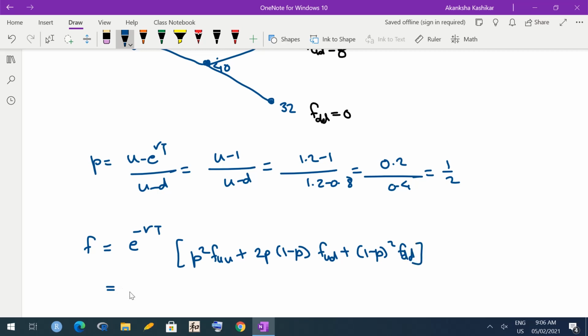Okay, so e raised to minus RT becomes 1. So P square, so 1 by 4 into FUU is 32 plus 2 times 1 by 2 into 1 by 2 into FUD is 8 plus 0 because FDD is 0.